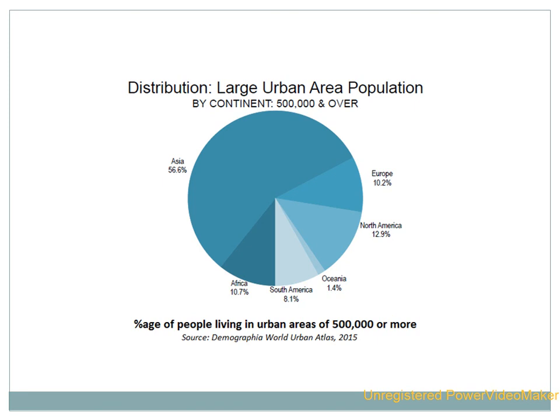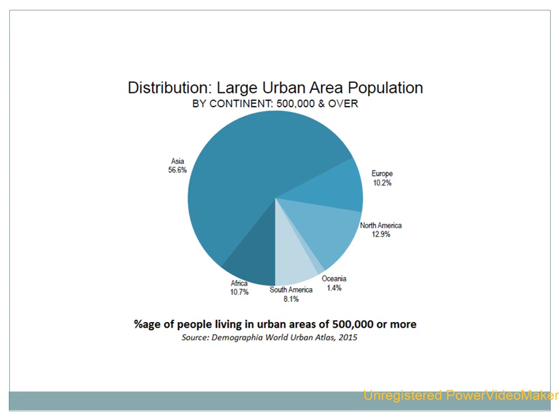Like you can see Asia, Europe, North America, South America, Africa, and Australia and other parts of the world which you call Oceania. Asia consists of 56.6%.